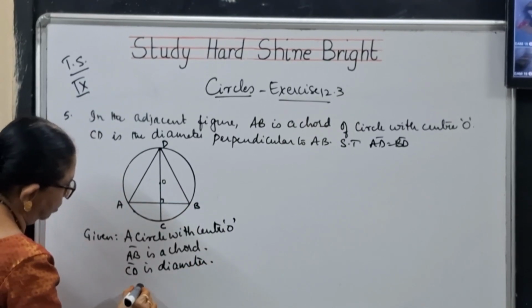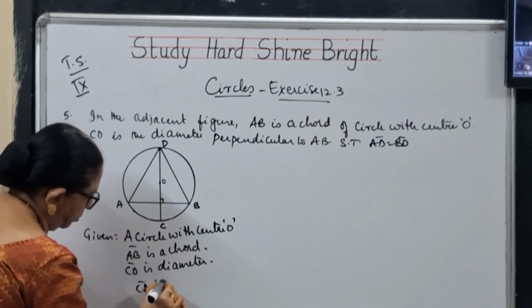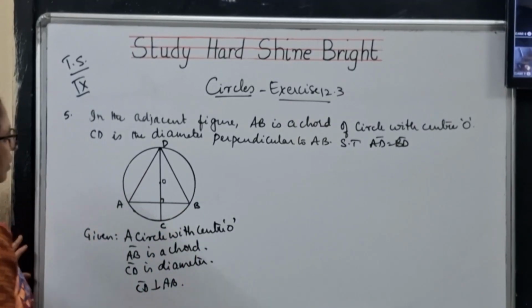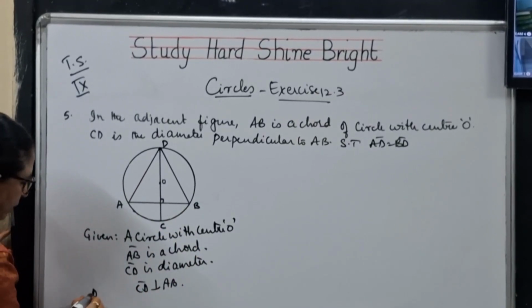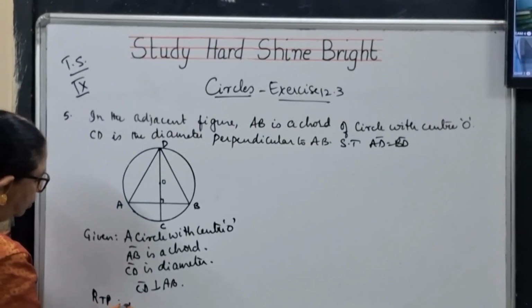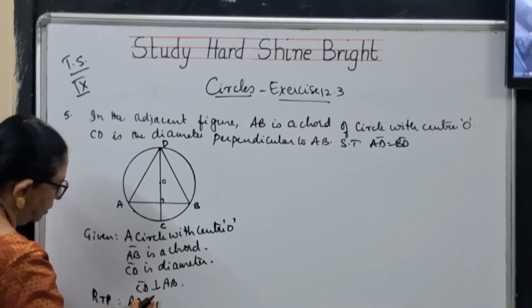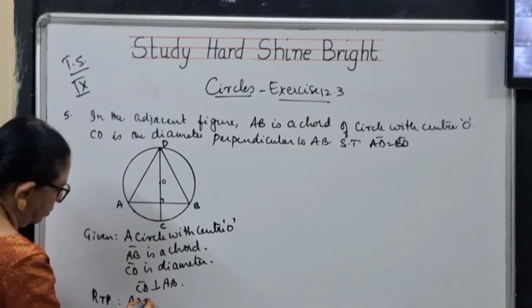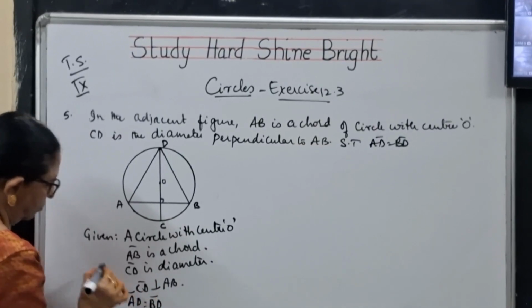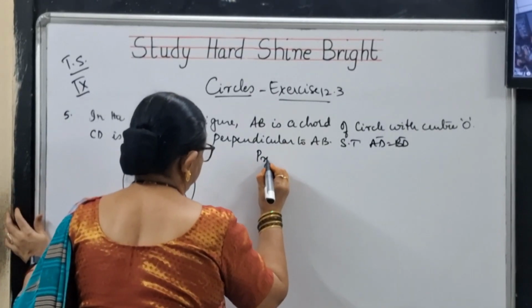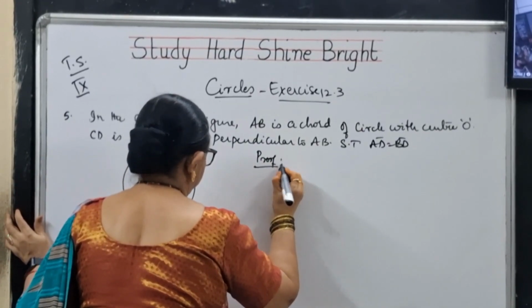And they have also given CD is perpendicular to AB. This much they have given. Now what is RTP? We need to prove that AD is equal to BD. We need to prove. Now let us go to the proof.